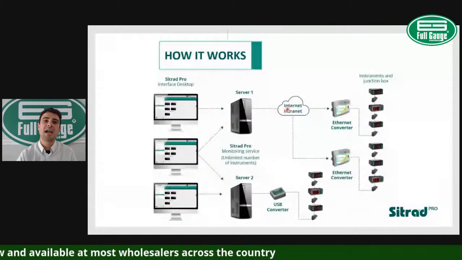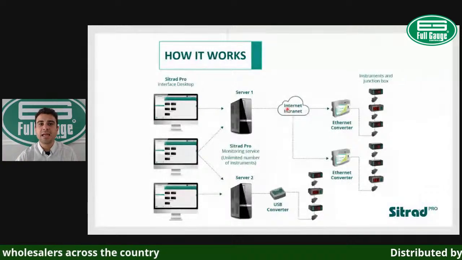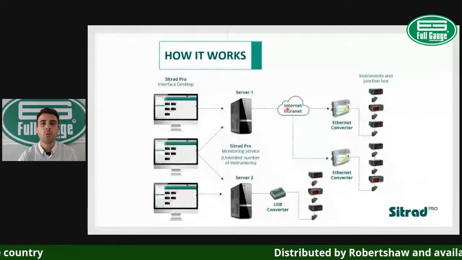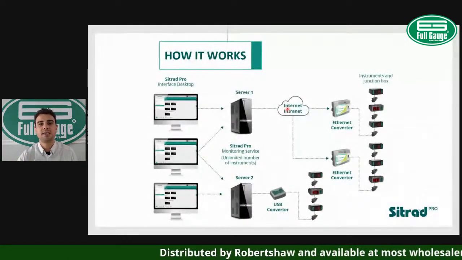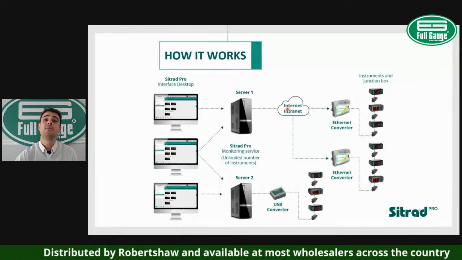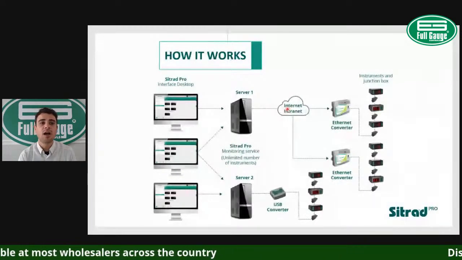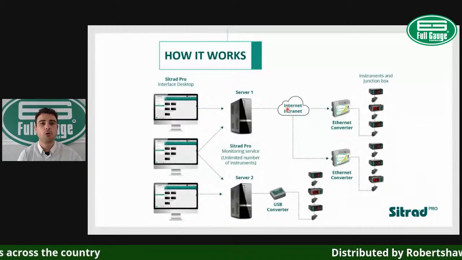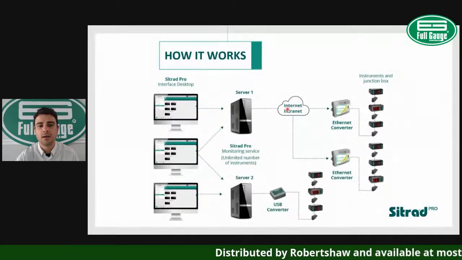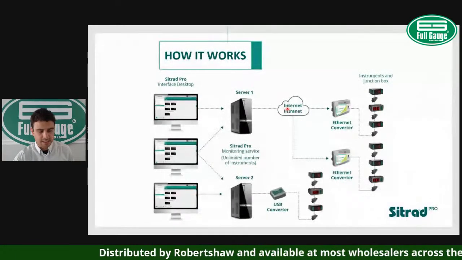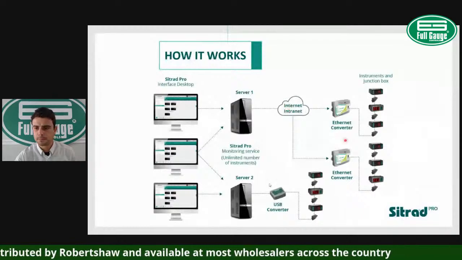And from there, I can select any server within the same network to host the C-TRAD software. And once I have internet access on that server, I can connect from any remote computer or cell phone. So that's basically the setup.